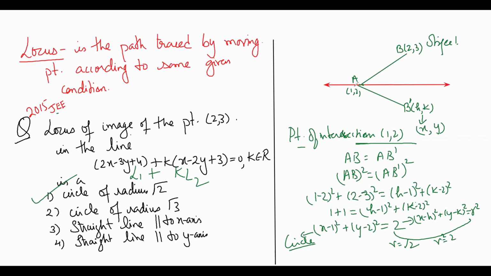A is (1, 2), B is (2, 3), therefore the image must be somewhere here, and we have taken this image as B dash (h, k). According to the diagram, this AB dash is the mirror image of AB, therefore AB must be equal to AB dash, and this is the distance formula, therefore I have done squaring here. After following the given condition, I get this equation in x and y, and this is the equation of a circle. So this is how we obtained the locus, that is a circle with radius root 2.